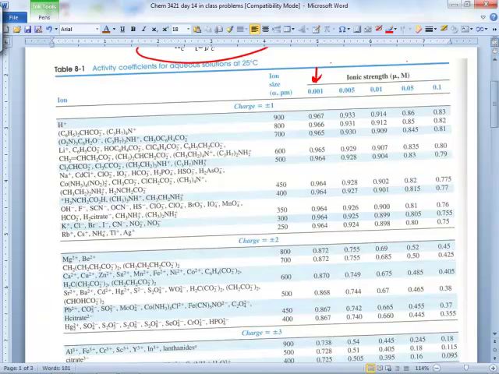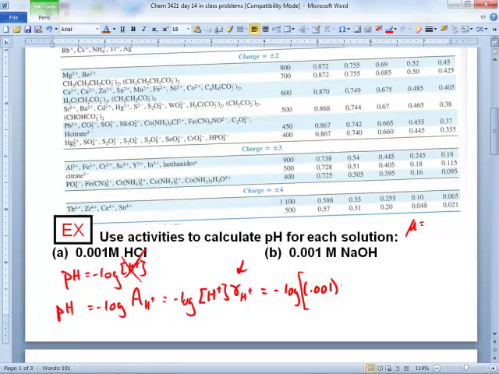So now, 0.967. And then we go and find the pH. 0.001, take the log, about 3.